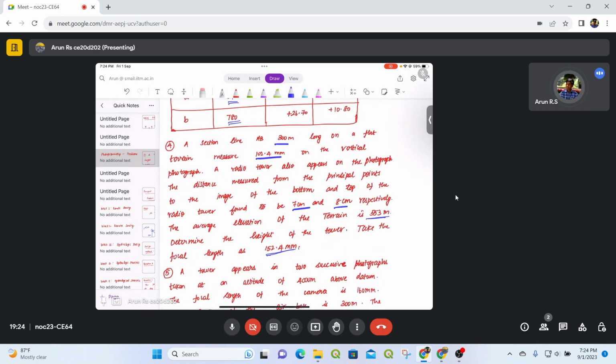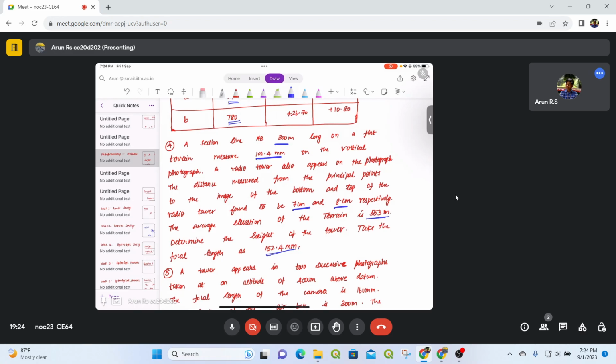So here problem 4: a section line AB 300 meters long on a flat terrain measures 102.4 mm on the vertical photograph. A radio tower also appears on the photograph. The distances measured from the principal point to the image of the bottom and top of the radio tower were found to be 7 centimeters and 8 centimeters.